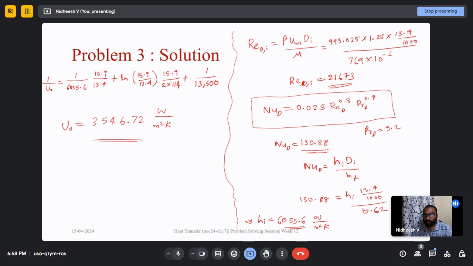Okay, this 15.9 should be converted to meters, so you should multiply by 1000 in the denominator.